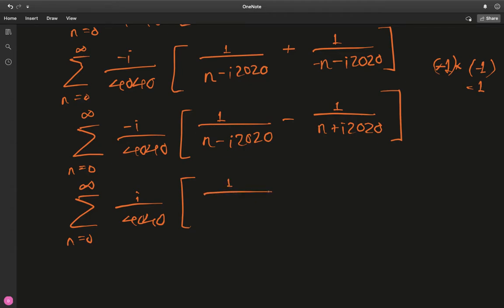So we have 1 over n plus i times 2020 minus 1 over n minus i times 2020. And now at this point we wait, because it's not apparent what to do.